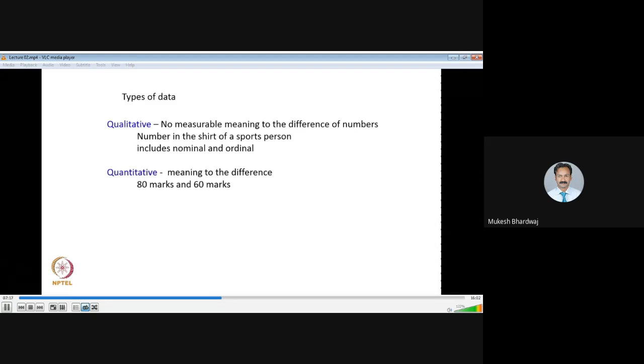Another classification is qualitative data and quantitative data. When you say qualitative data, there is no measurable meaning to the difference of numbers. For example, the number on the shirt of a sports person. You could find one cricketer wearing number 12 and another cricketer wearing number 82.